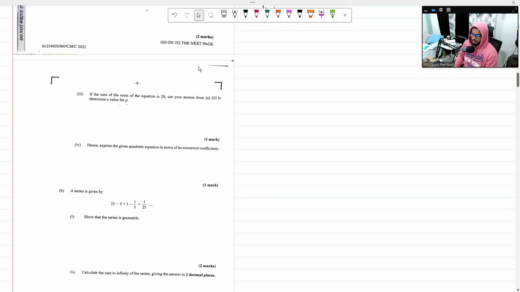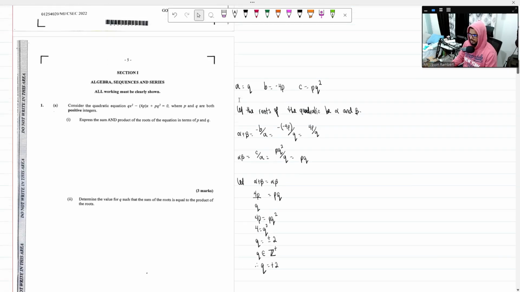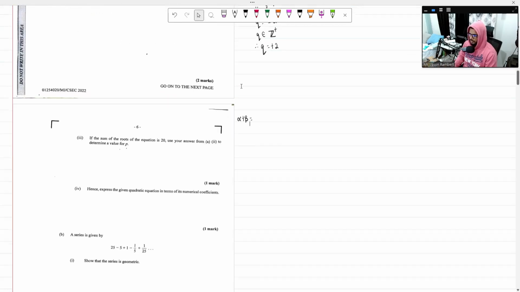If the sum of the roots of the equation is 20, so alpha plus beta, which is equal to 4p over q, is equal to 20.